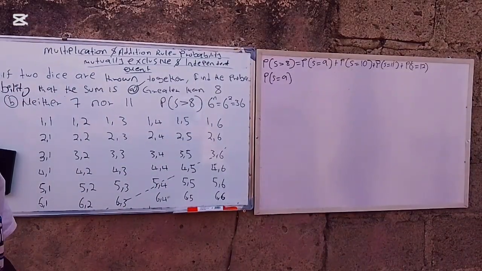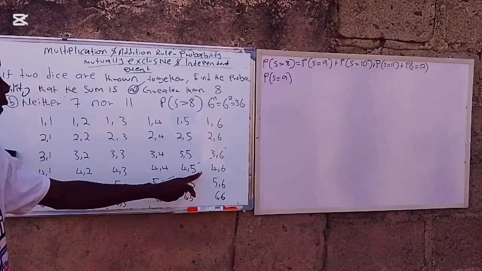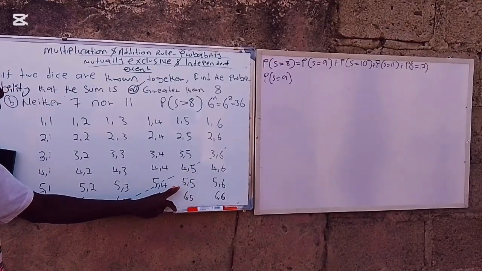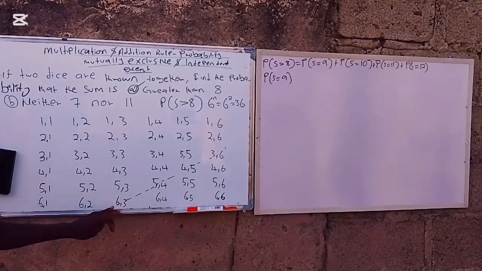So therefore 9 is greater than 8. 6 plus 3 will give me 9, 5 plus 4 gives 9.